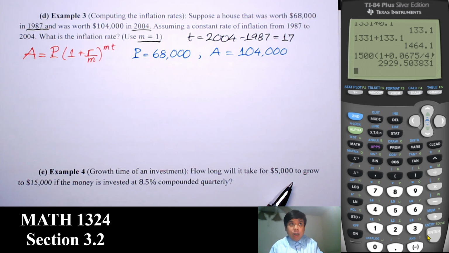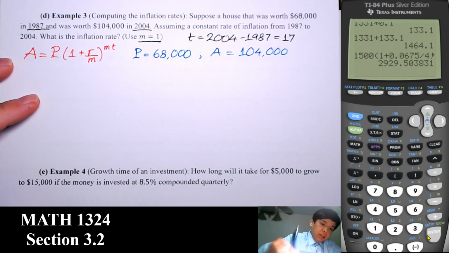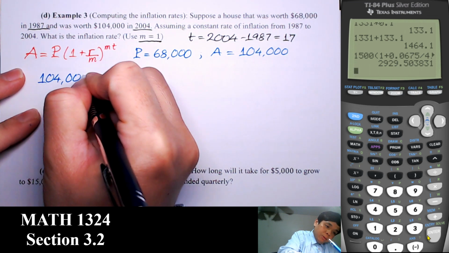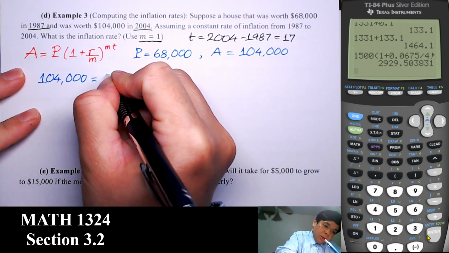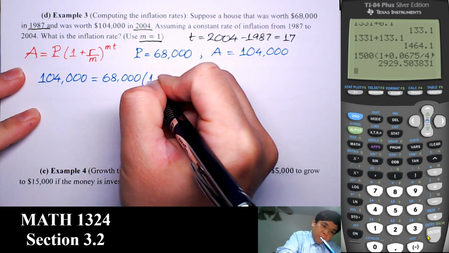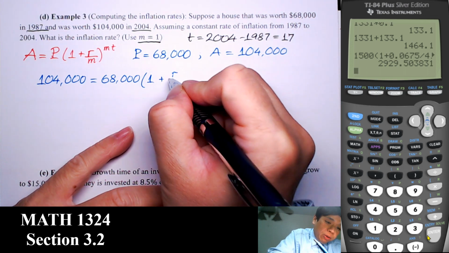Now just substitute everything we have in the formula. 104,000, 68,000. M equal to 1, we still just keep that. Rate we don't know.